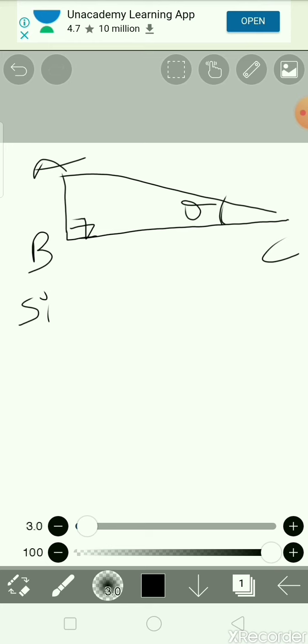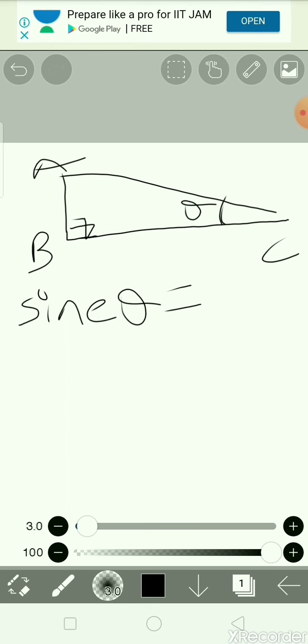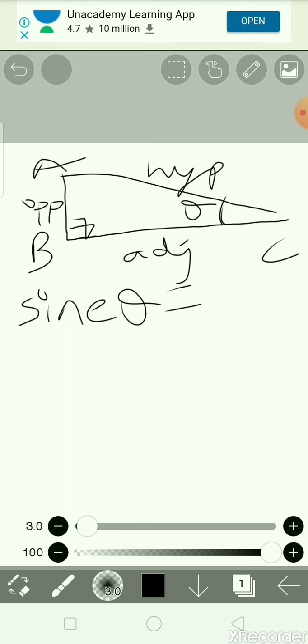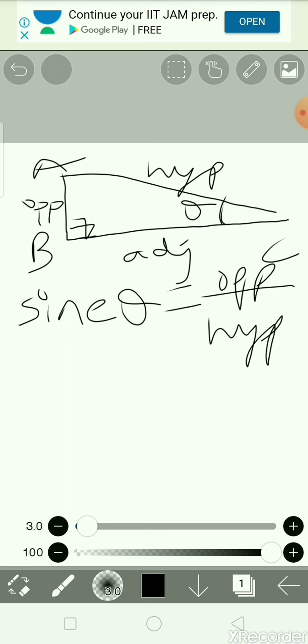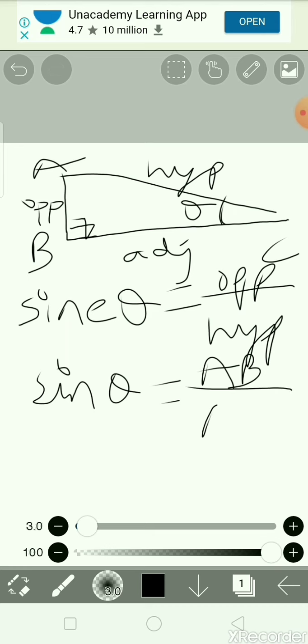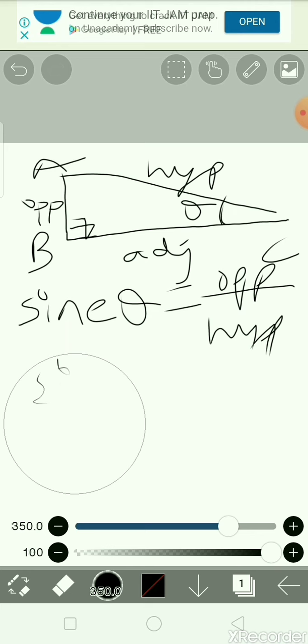Sine function of angle theta, or sine theta, is the ratio of opposite side to hypotenuse of the triangle, that is AB by AC. In this case we get theta as sine inverse of opposite by hypotenuse, which we will cover in the upcoming inverse trigonometric functions.